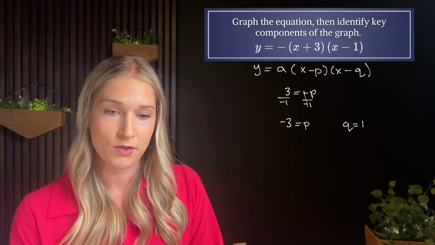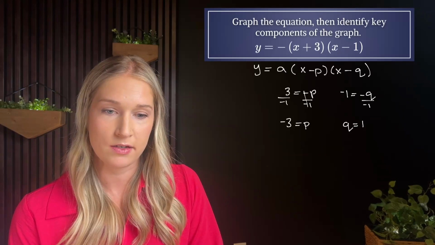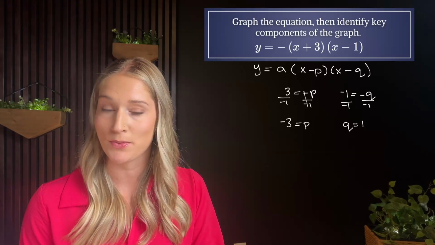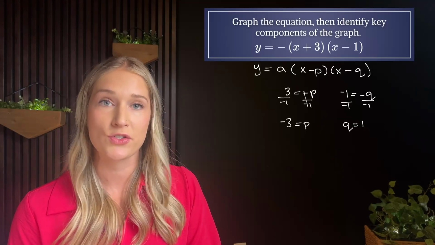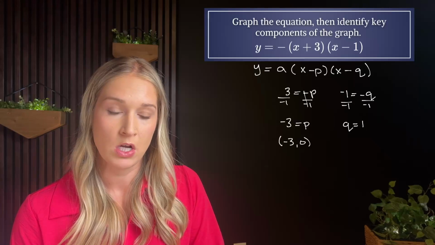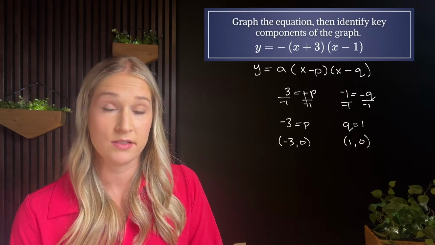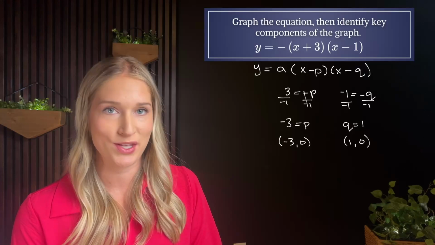And I can write the equation here, negative 1 equals negative q. Divide by negative 1 on both sides, and guess what? We get q is 1. So here are my two x-intercepts. We can write them as ordered pairs if we want, or you can just keep them as individual values. But I'm going to go ahead and take these 2 points and put them on my graph.